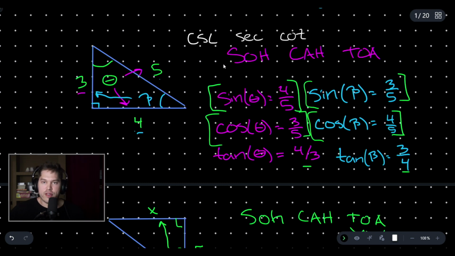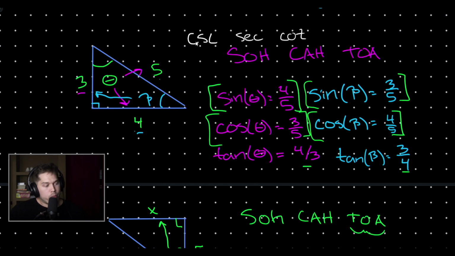What would you do if I asked for these? Well, remember that the cosecant is 1 over sine. It's the reciprocal. So the cosecant of theta is going to be the reciprocal of sine of theta. It's going to be 5 over 4.